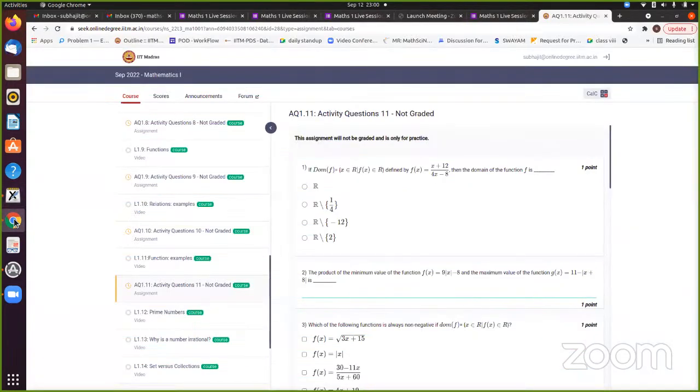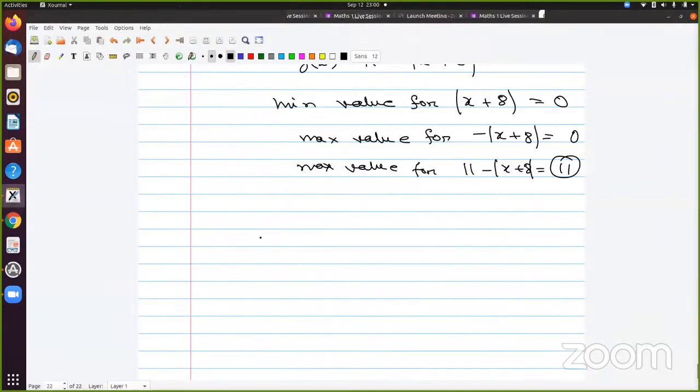Can that relation be treated as a function? It can be a relation, because in a relation one element can go to very different places. It does not matter. If you are asking (a, b) such that a is greater than or equal to b, this is a relation.